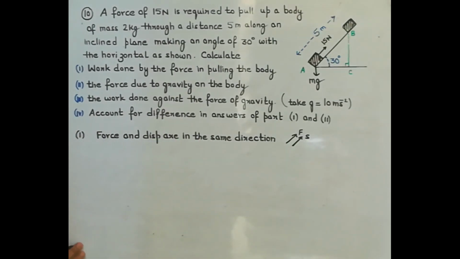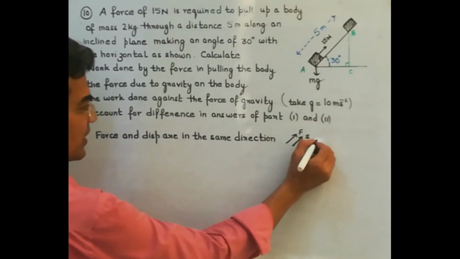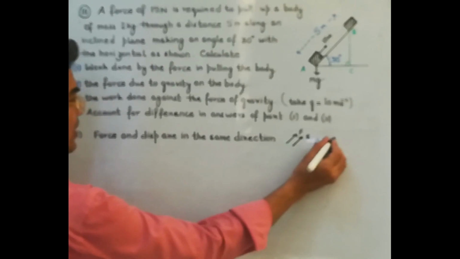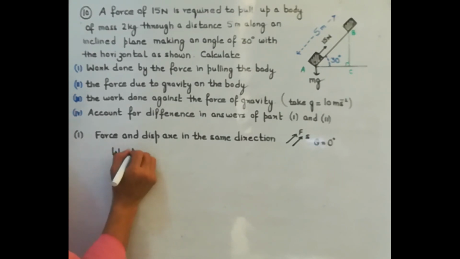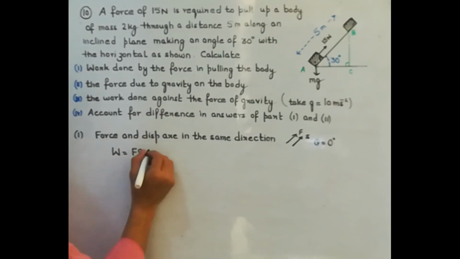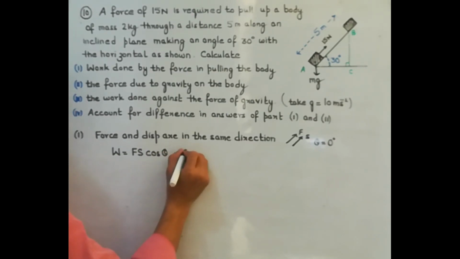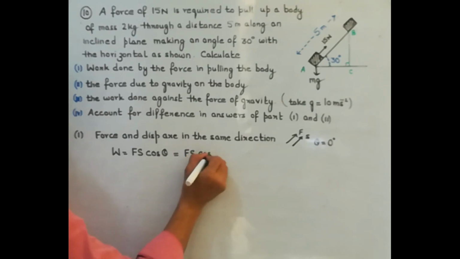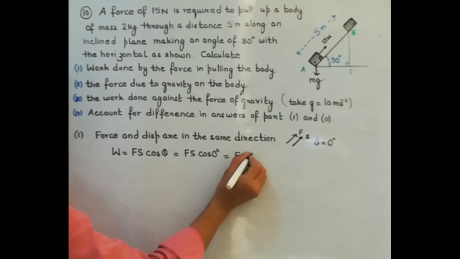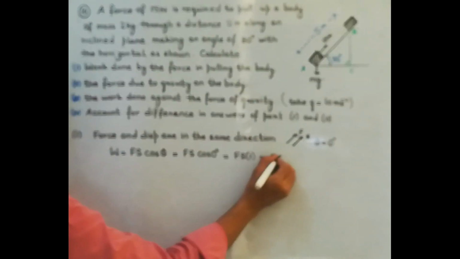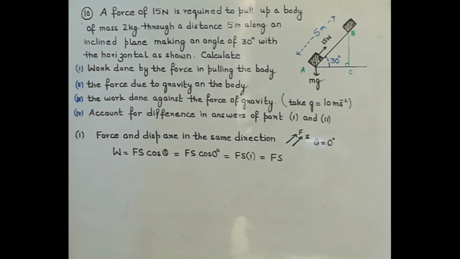So when force and displacement are in the same direction, we say that theta is equal to 0 degree, and in that case work is equal to Fs. We don't use cos theta because here cos 0 will be 1. But if you want to show the working, I can show it over here. This is the formula. Cos 0 is 1.